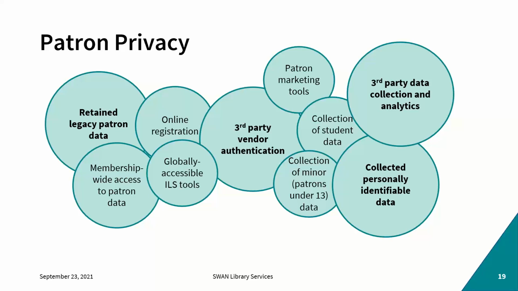And Open Athens basically gives third-party vendors almost no information. It just says, yeah, that's a valid patron. They're not blocked. They're good to go. And it just sends a status of yes, you can authenticate them. That's ideal in a lot of these cases.